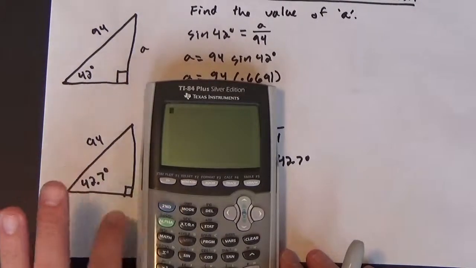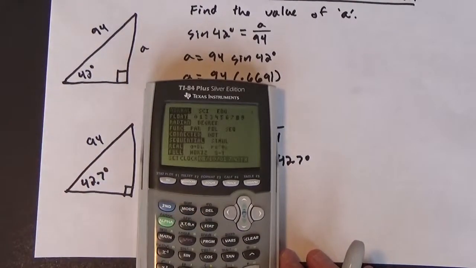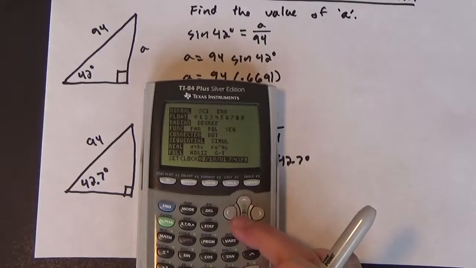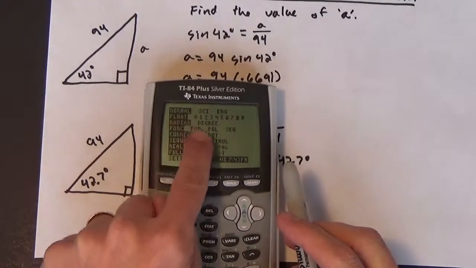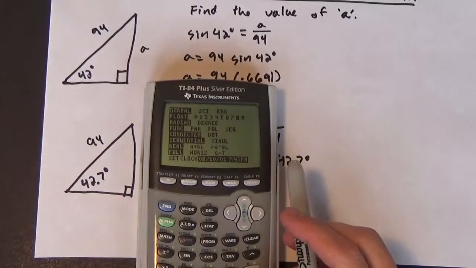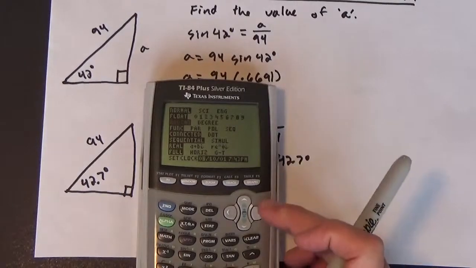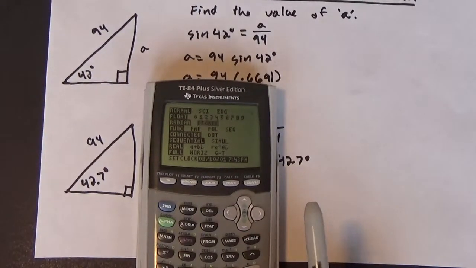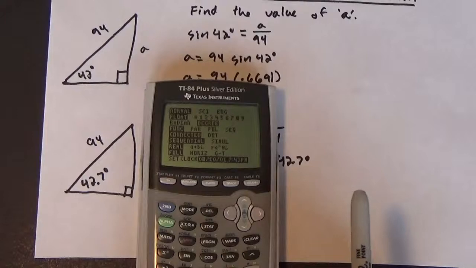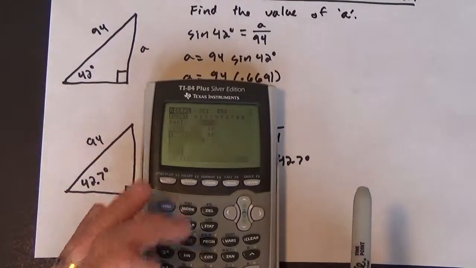If you press mode and go down a couple, you'll see radian and degree. Later on we'll discuss what a radian is, probably pretty soon. But for right triangle trigonometry, we use degrees. So I'm going to highlight degrees and hit enter. Make sure your calculator is in degrees, or else your trig ratios will not work.